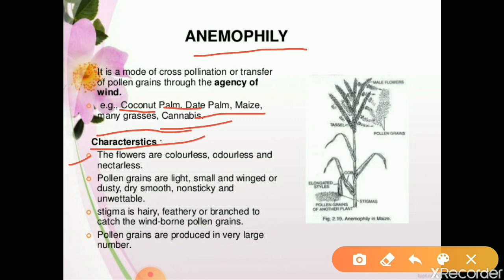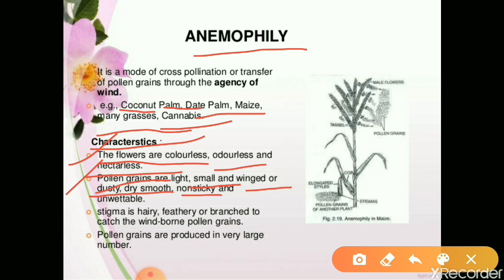First one, the flowers are colorless, not having particular color, odorless, not having particular smell, and nectarless, meaning they are not producing honey-like substance. Second character, pollen grains are light in weight, small in size, and winged, meaning having wing-like structure, or dusty, dry, smooth, non-sticky.